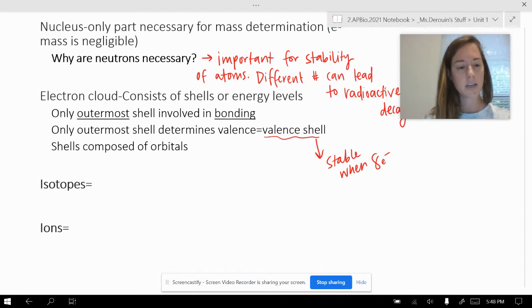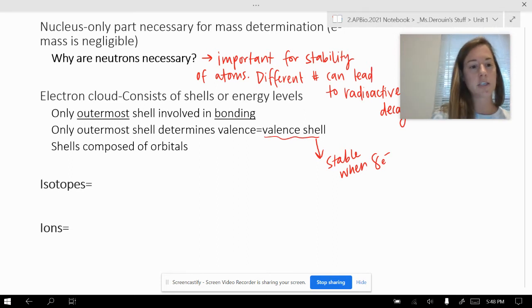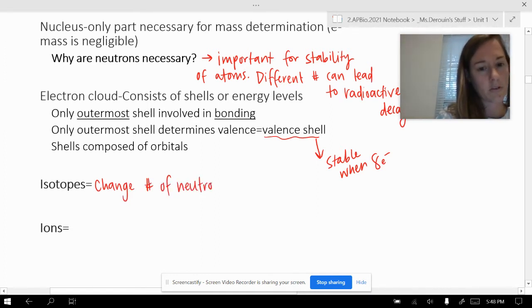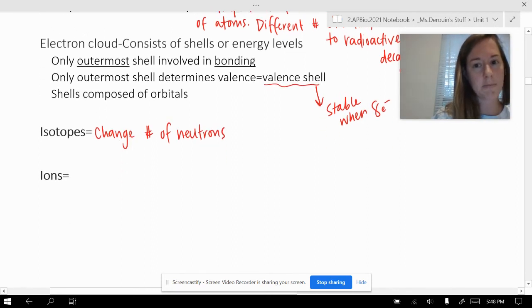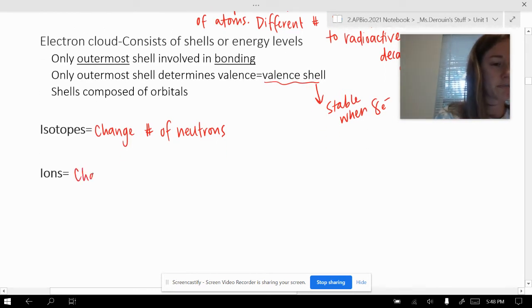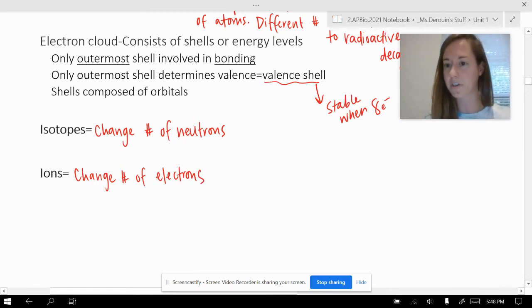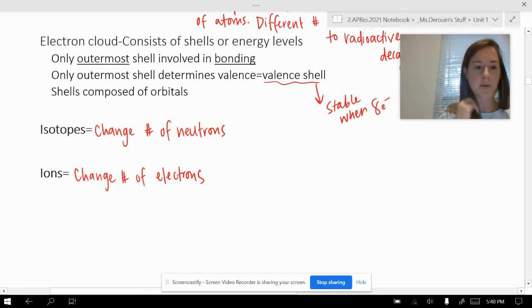Two other words that we're going to want to be familiar with are isotopes and ions. Isotopes happen when you change the number of neutrons, and ions happen when you change the number of electrons. If you change the number of protons, you become a different element, so neither of those things is related to that.